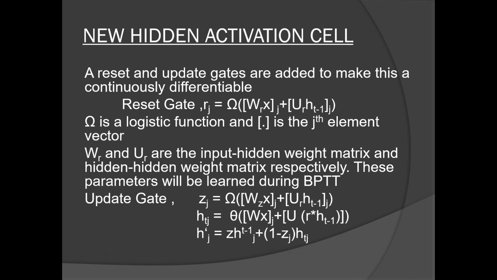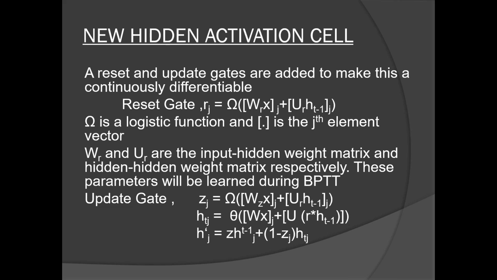If the values are closer to 1, we would say preserve, to update the values of the weights in the neural networks. If it is closer to 0, we would say reset the gate and continue the network.